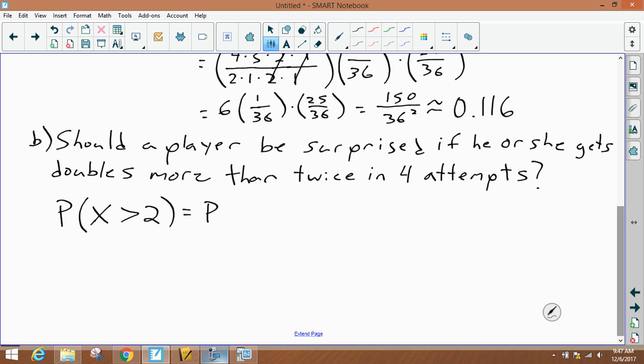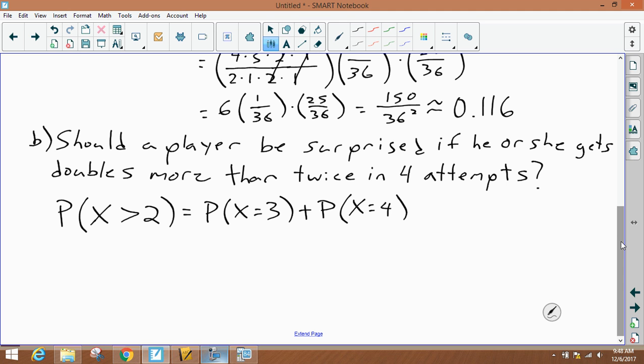So that's the probability that x is equal to 3 plus probability x equals 4, right? Because either one works. If it occurs 3 times or 4 times, you count that as a success.